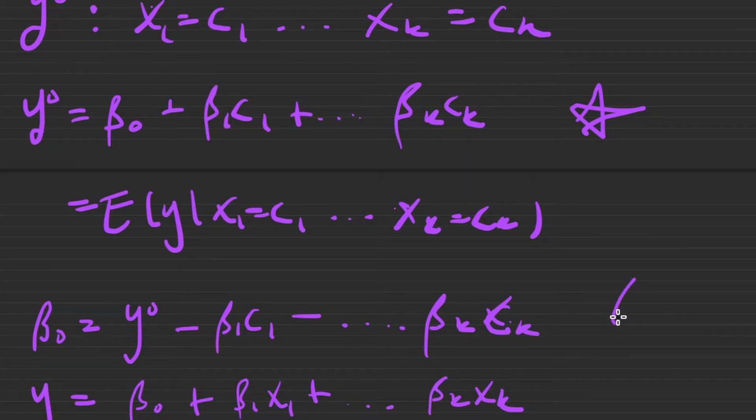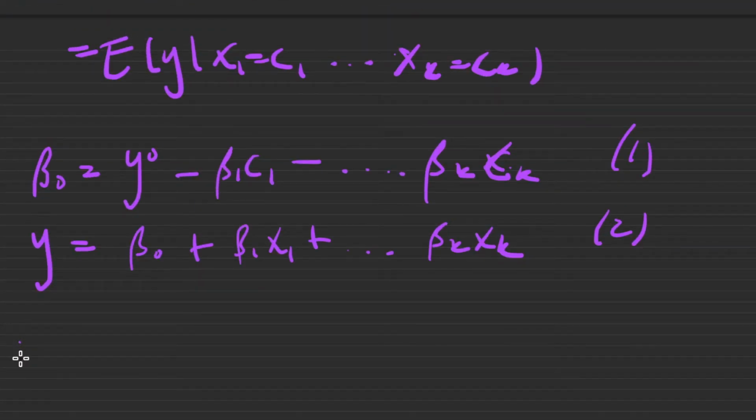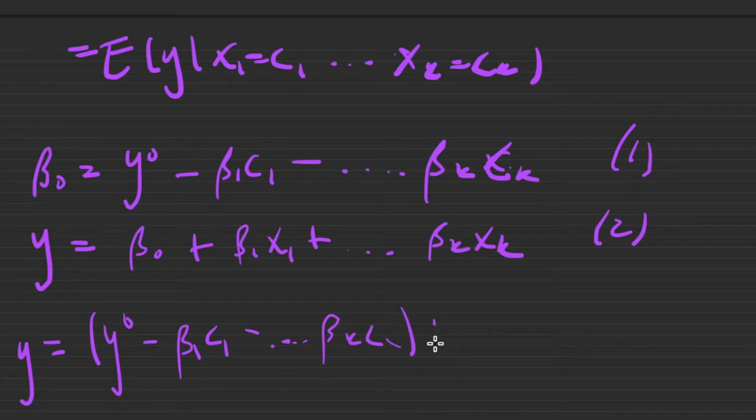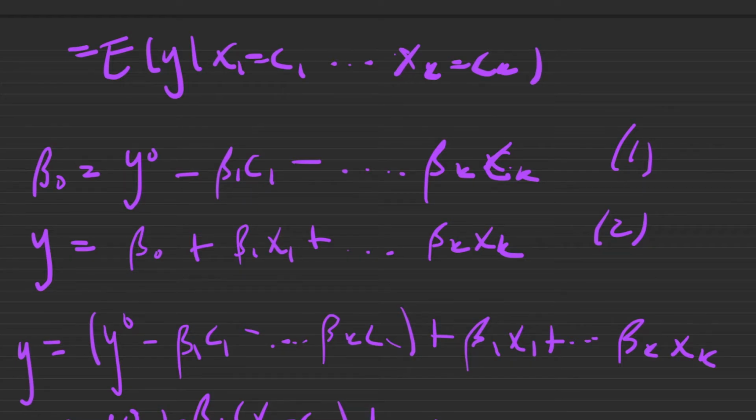So we can substitute equation 1 into equation 2 so that we have y equals y naught minus beta 1 c1 minus all the way through beta k ck plus beta 1 x1 plus all the way through beta k xk, and then collect terms on the coefficients so that you have y equals y naught plus beta 1 (x1 minus c1) all the way through beta k (xk minus ck).